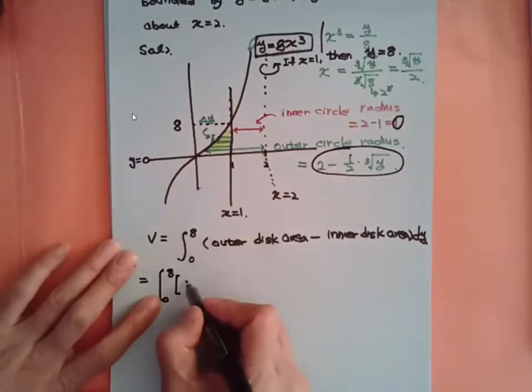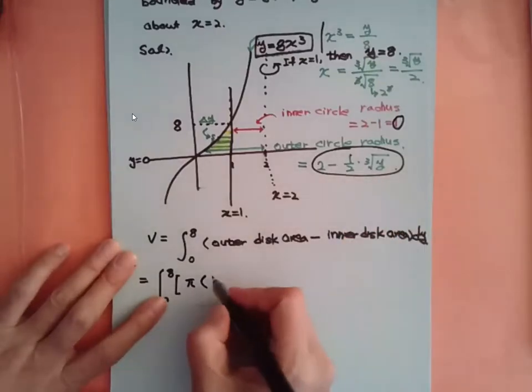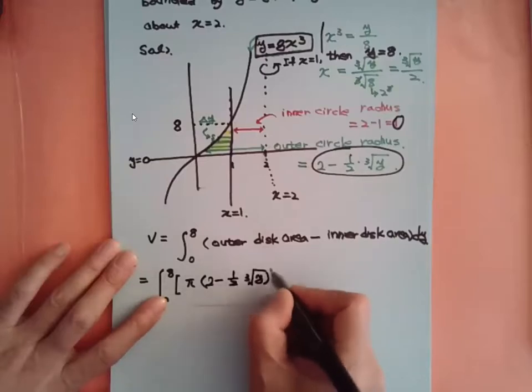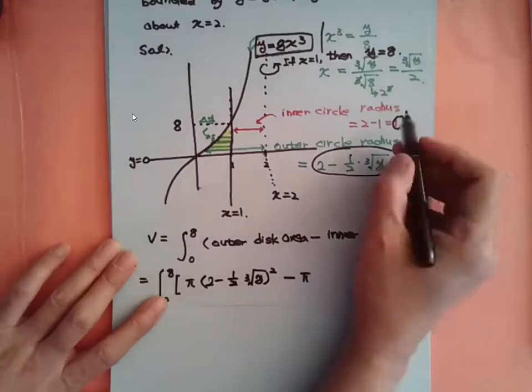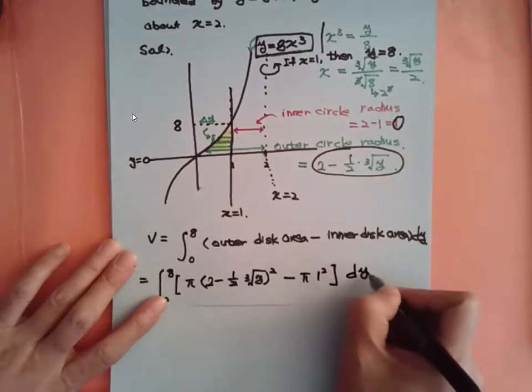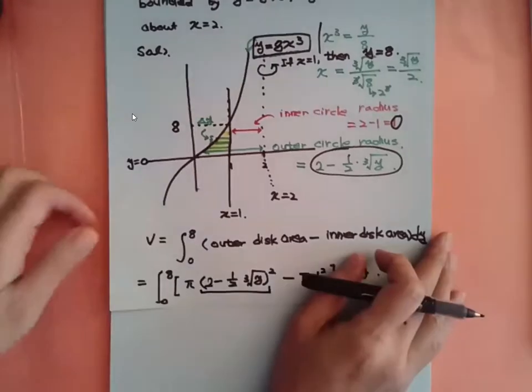So pi times r squared of the outer circle's radius, which is 2 minus 1 over 2 cube root of y, squared, minus pi times the inner circle's radius 1 squared, dy. So we want to calculate this part first.